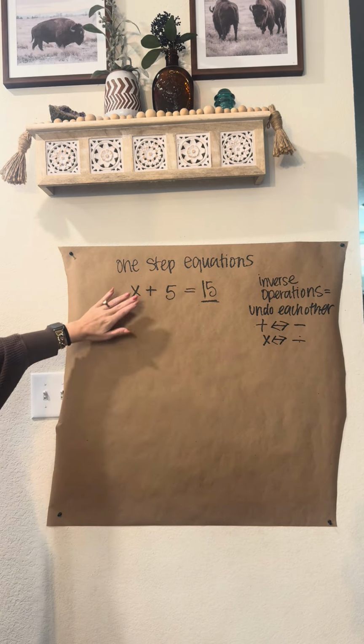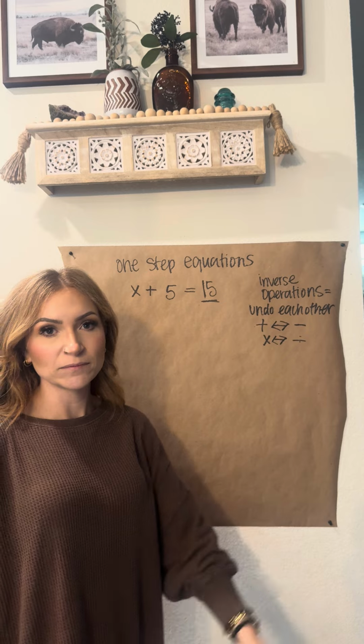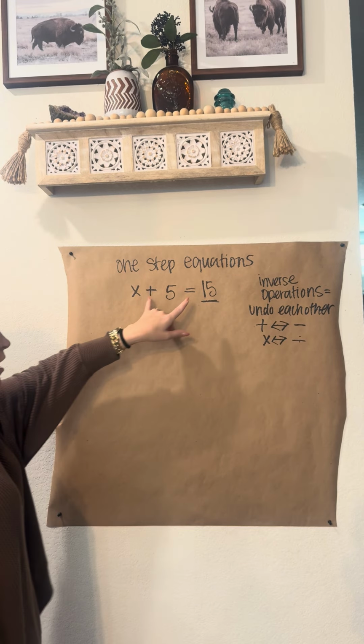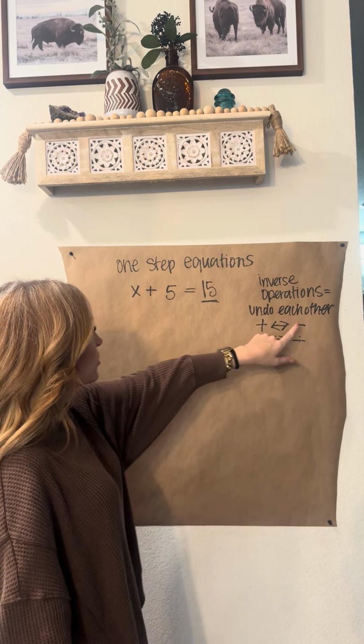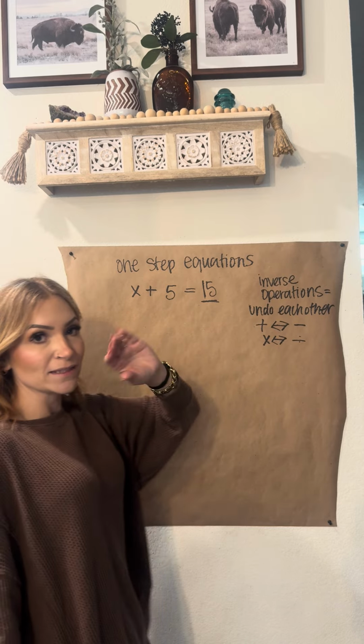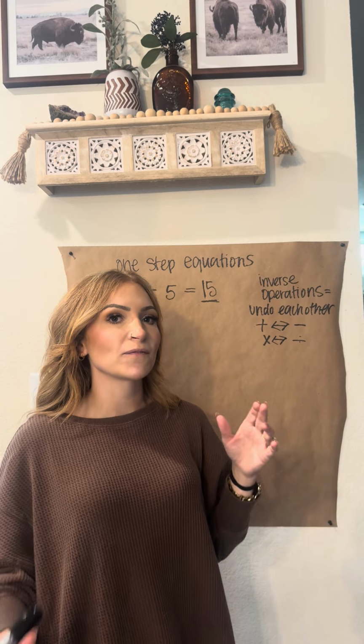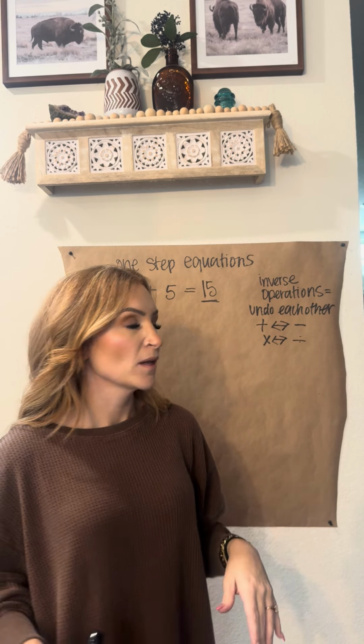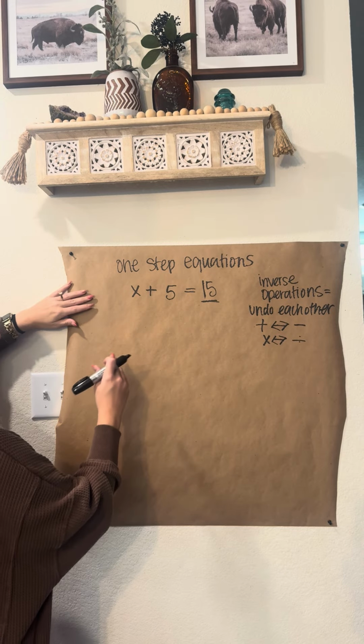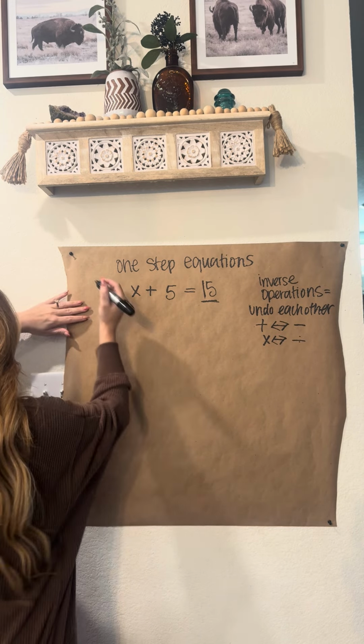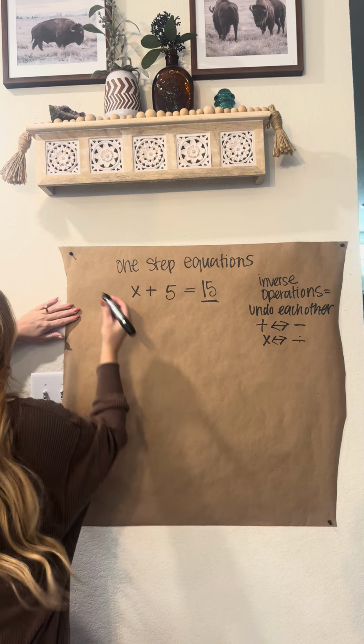So what do we have to do to figure this out, right? We're gonna use the inverse operation. So we're gonna subtract. Tricky thing here is we have to do it to both sides of the equation. Think of your equation like a balance beam or a weight or a scale.